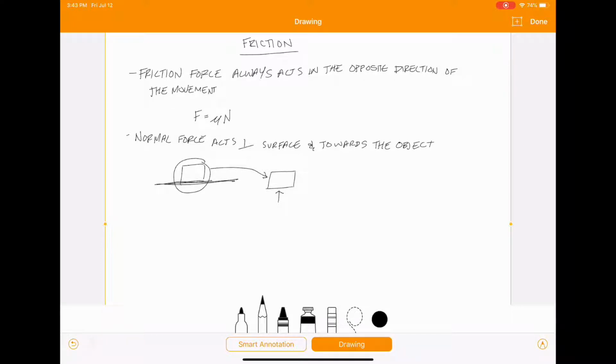Otherwise, the box would just fall through the table. The table's pushing up onto the box to keep it up, and it's holding it up. And that's that normal force. And again, it's always acting in the perpendicular direction of that surface. So that surface is horizontal, so our normal force is going to be vertical.